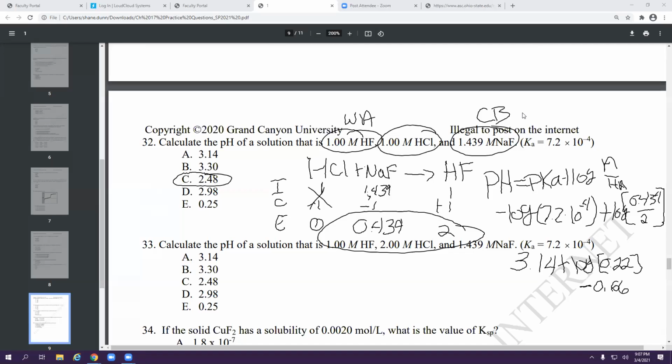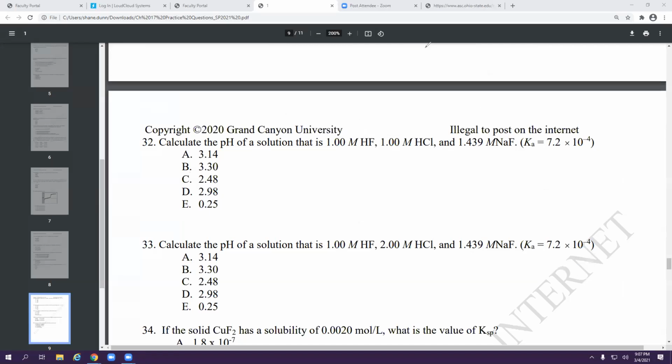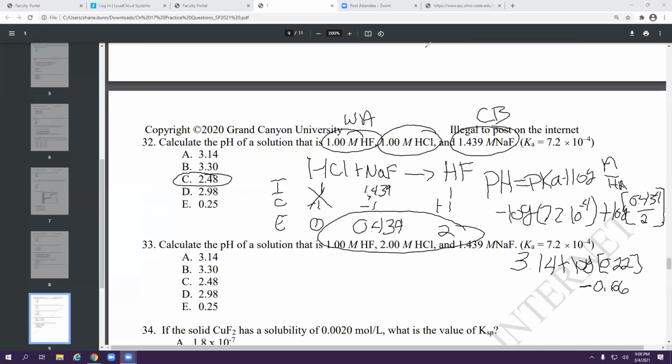How do you do 32? What's in between 32 and 33? What's the difference? My hydrochloric acid gets way bigger, right? So I just undo a couple of things, right? Let's hypothetically just erase some of this because it's the exact same equation, right?